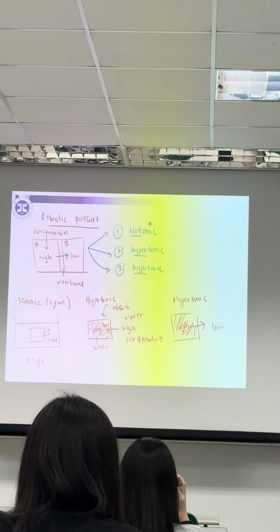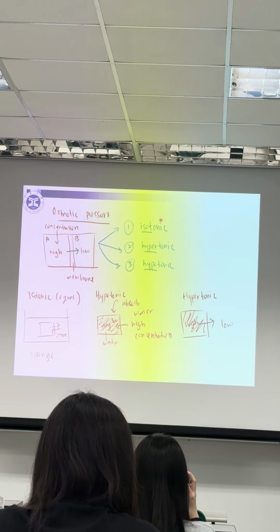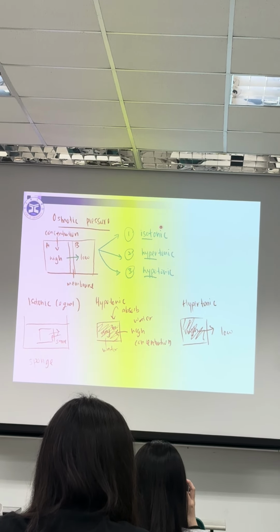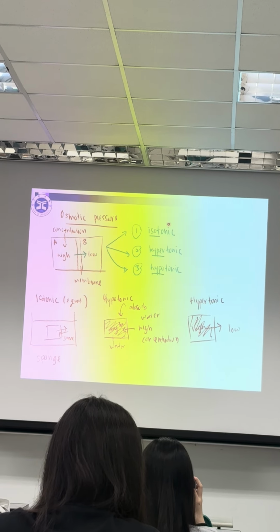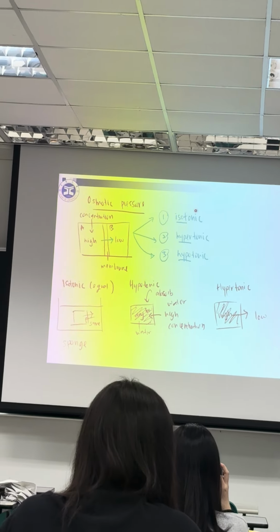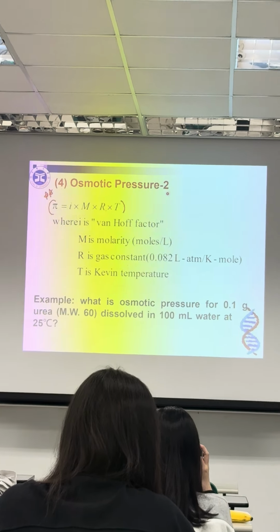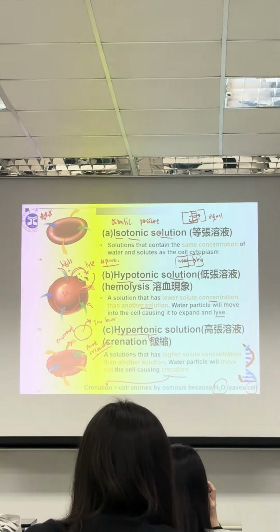The flow in isotonic is equal. What is the flow in hyper? From out to in or in to out. Then you need to explain what happened to the cell. This is what we mean.